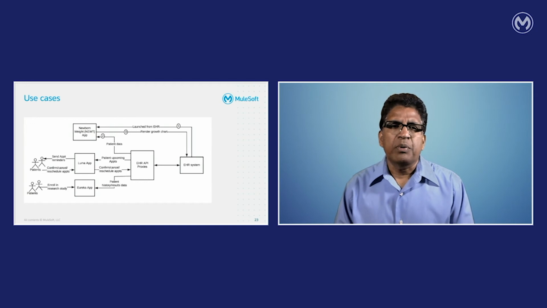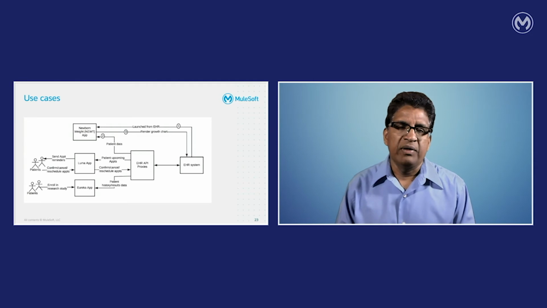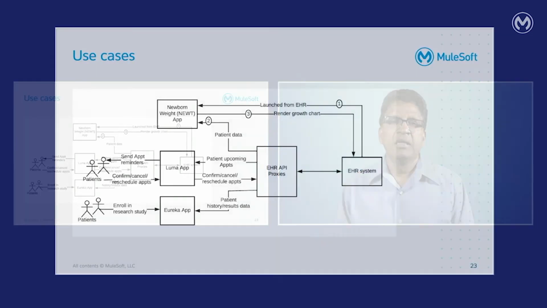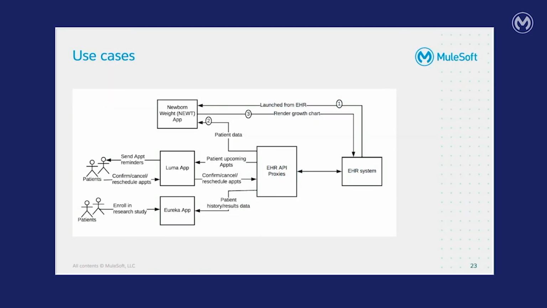So here are some projects that are using the proxies. We can go over the three different flavors of applications that are using these proxies. The first one is a newborn weight application. It's a SMART on FHIR app used by the providers from the pediatrics department. When they launch this application from the EHR system, the call goes to the newborn weight app, and then it gets the patient-related data like birth weight and the delivery method, all the data related to the baby.